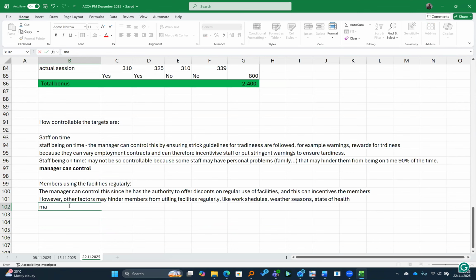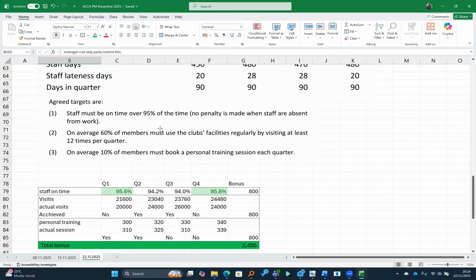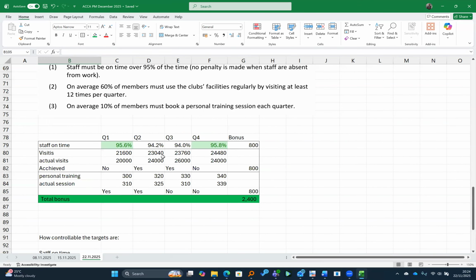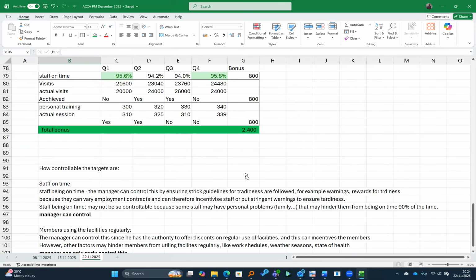But here, manager can only partly control this, which means that the manager will be disgruntled if you are giving him bonus based on it, because it's not really in their control. Then the third thing, personal training session.